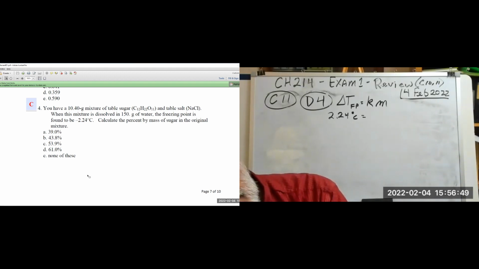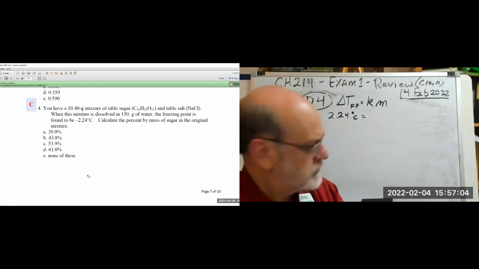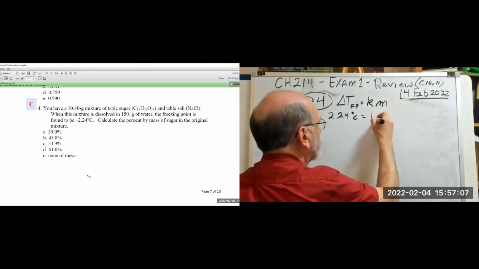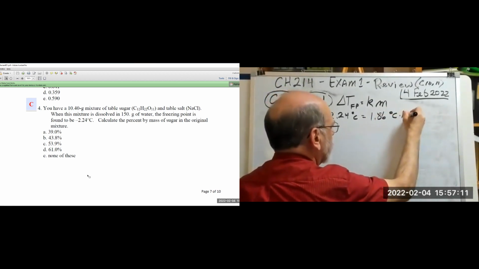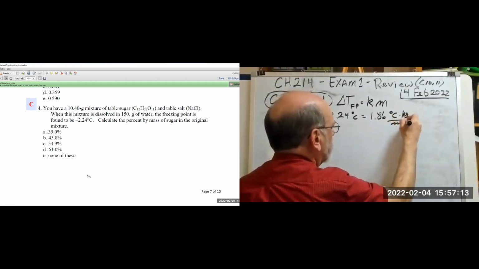Here it is. The freezing point proportionality constant is 1.86 degrees C kilogram per mole.